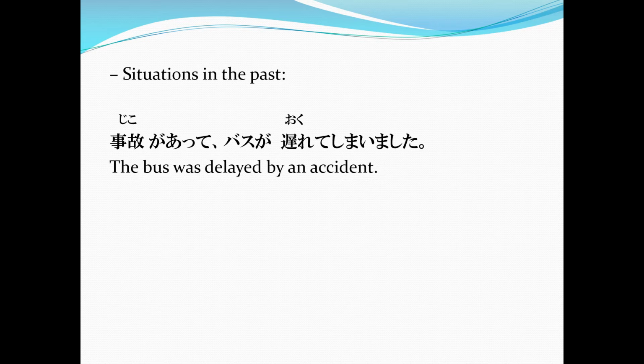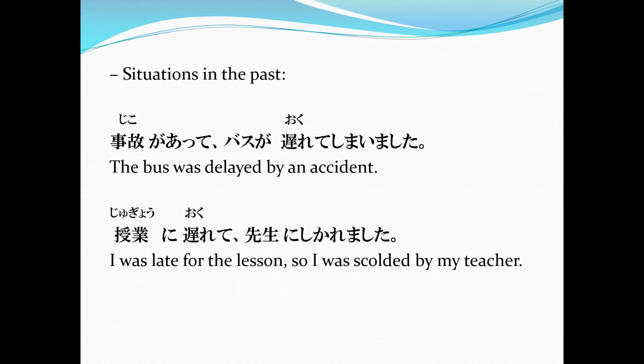By using 遅れてしまいました, this states that it happened in the past. Another example, 授業に遅れて先生に叱られました。Or I was late for the lesson, so I was scolded by my teacher. わかりましたか、皆さん?